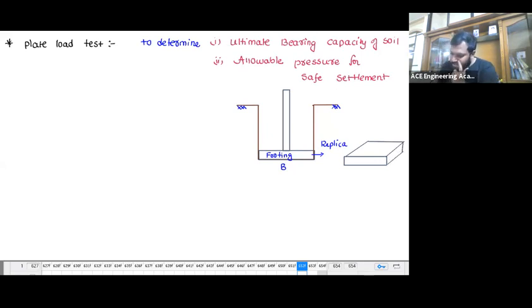It can be a square plate of dimensions BP by BP, or it can be a circular plate also.